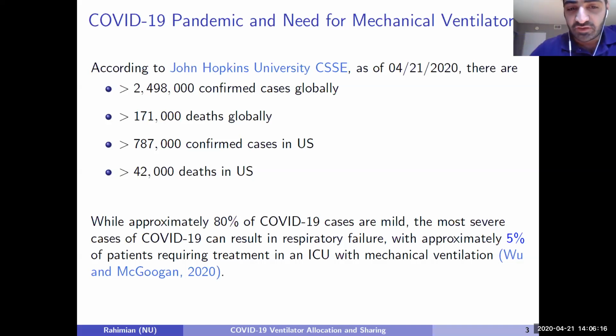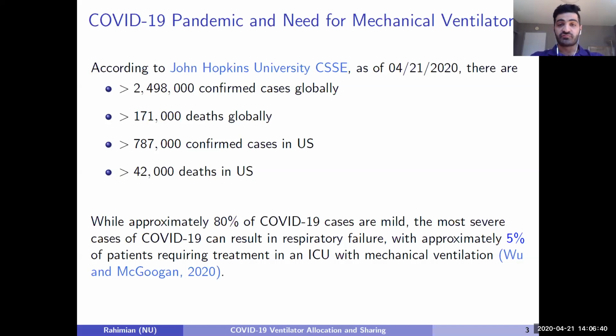We all know that most cases in this COVID-19 situation have been very mild. Around 80% of the cases are mild. And there are some severe cases that can result in respiratory failure, where the person's lungs are not capable of pumping oxygen into the blood for the functions of the organs.